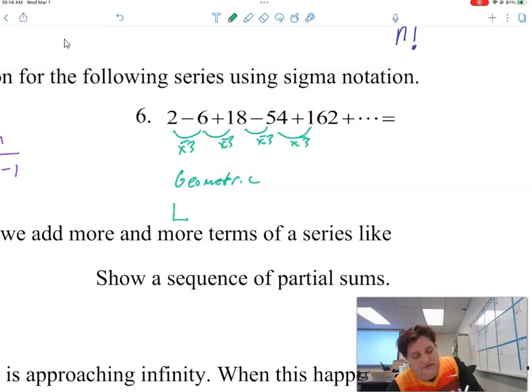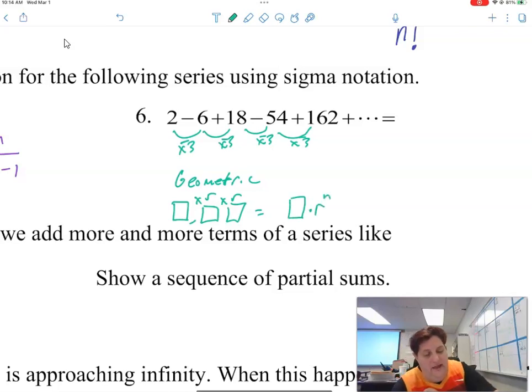A geometric sequence starts with a certain number, and then it multiplies by r every time. And the way that we write a geometric sequence is it's whatever number we start with, and then it's r to the n. So the first, second, third, fourth, like that. Okay? So this one, it starts at 2, and I multiply by -3 every time.